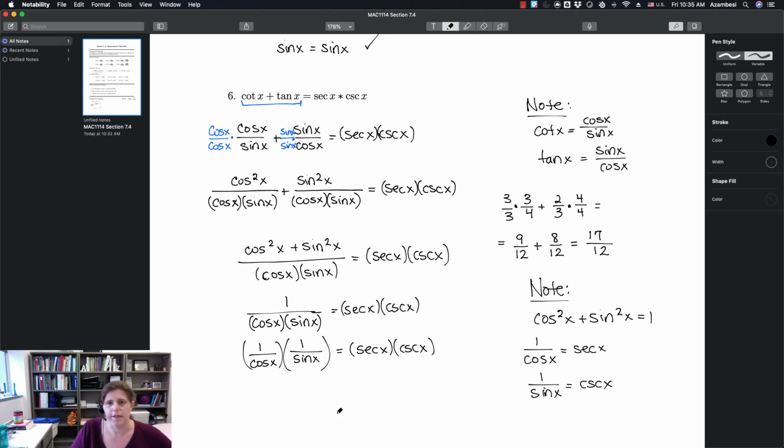It's hard not to skip that step because you can directly see how the other one works, but this really is what makes it a legitimate flip. So now we can flip those over and we get secant of x times cosecant of x is equal to secant of x times cosecant of x. And we have success.